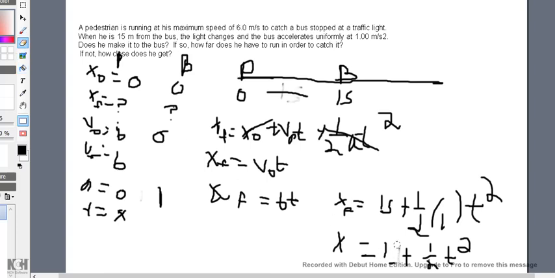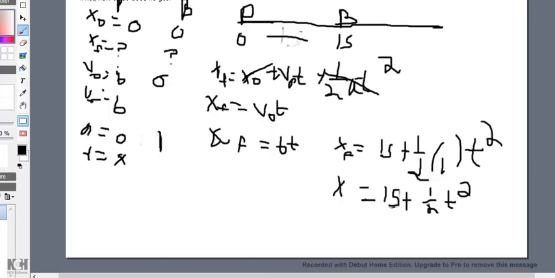Notice, when do they catch each other? They catch each other when what? Ouch, sorry. When this right guy here is what? 15. Let me see if I can write it. Now what are we going to do? Set these two guys equal to each other.